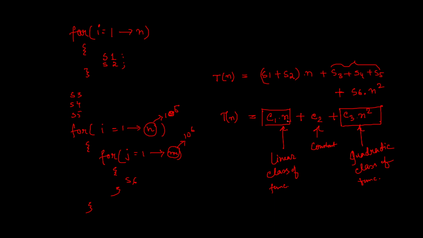So for a very large value of n, the effect of this C1 n term becomes negligible on the effect of C3 n square, right? And obviously C2 is always negligible because it is constant. Whatever the large value of n, it doesn't matter, C2 will remain same.